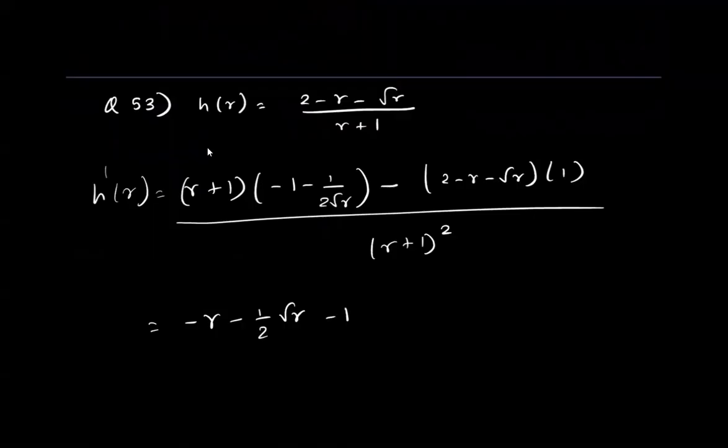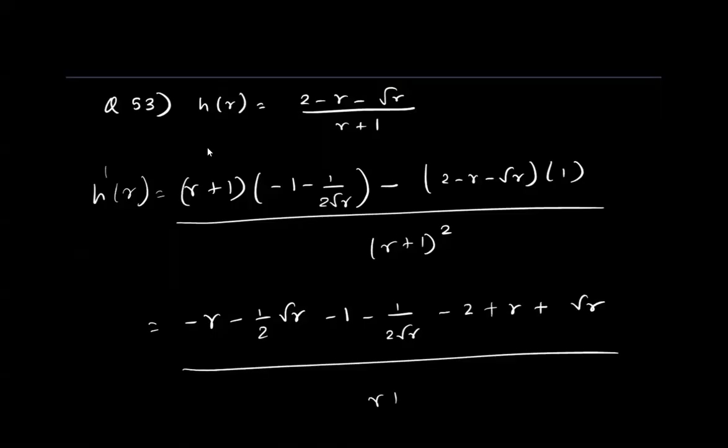Minus 1 minus 1 over 2 root r minus 2 plus r plus root r all over r plus 1 this whole square.